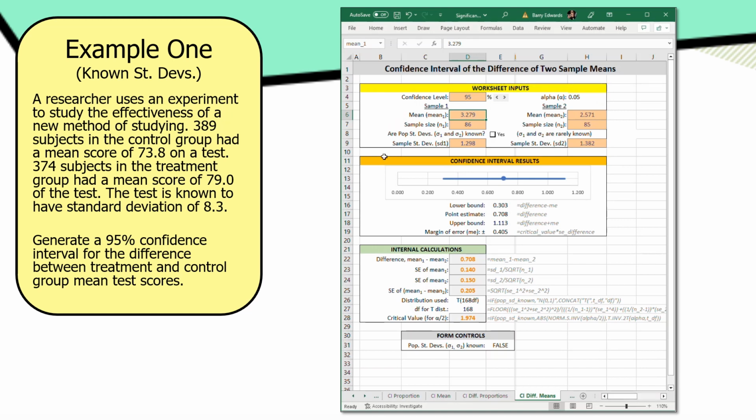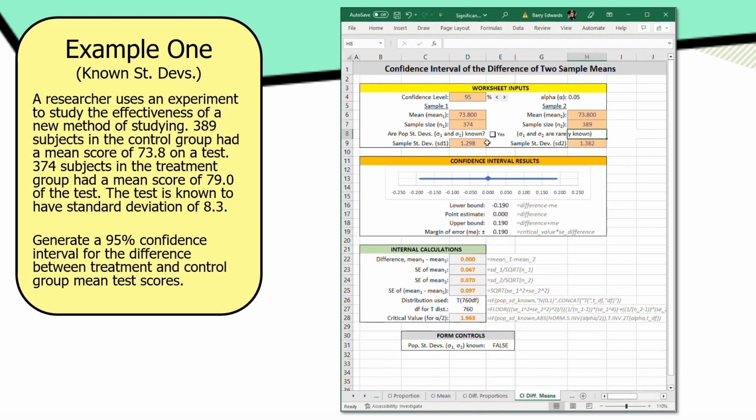So sample 1, the treatment group, has a mean score of 73.8 on the test, and there are 374 subjects in the treatment group. In the control group had a mean score of 73.8, and there are 389 subjects.